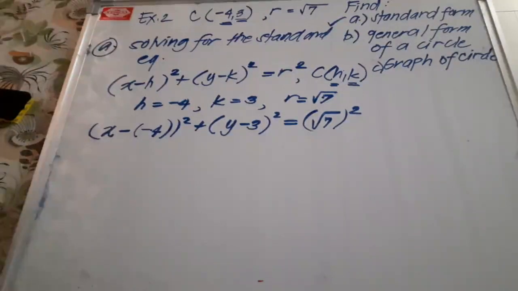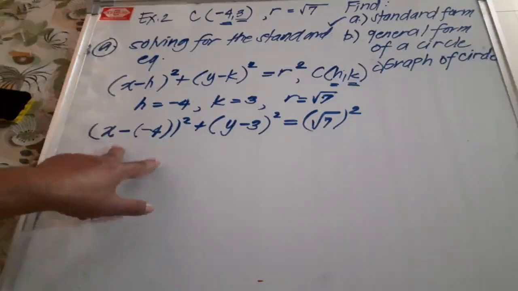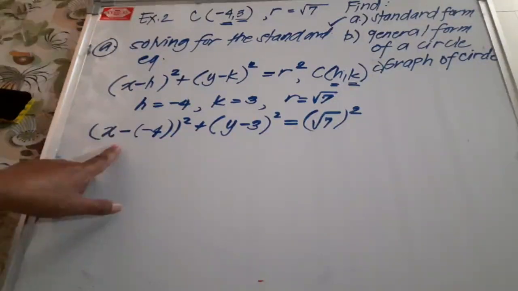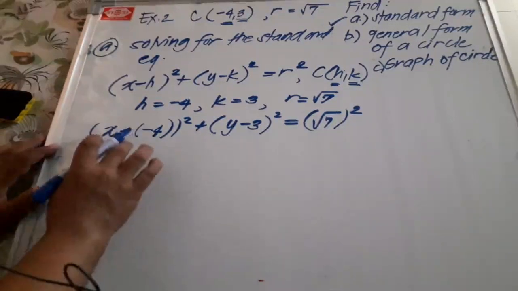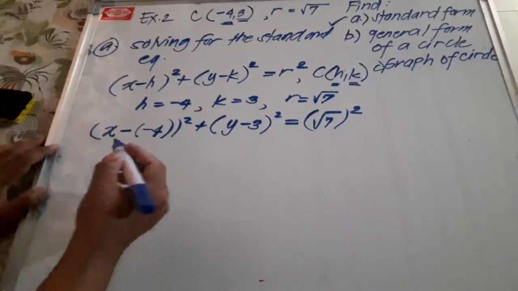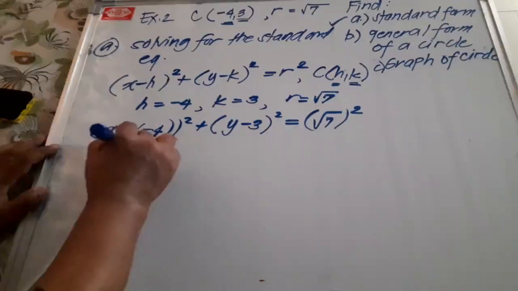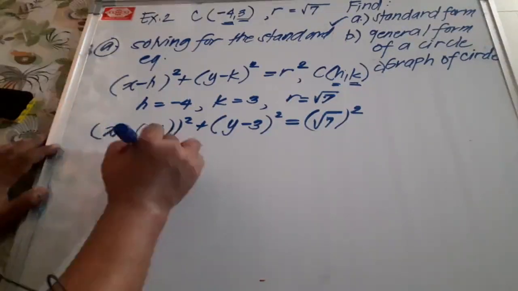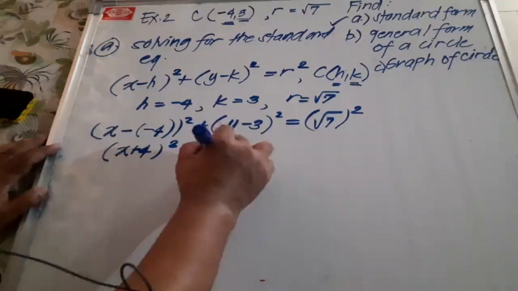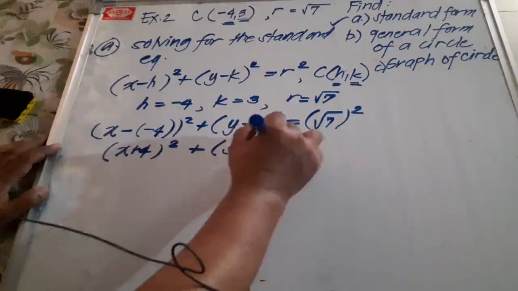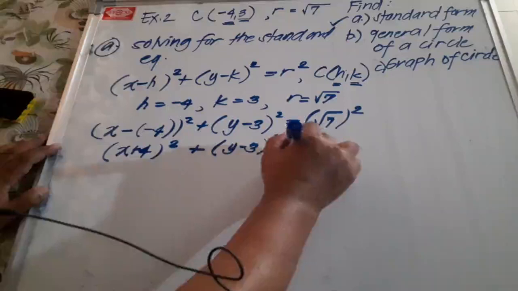And then we can simplify this binomial by removing the parentheses of negative 4. So negative of negative 4 will be x plus 4. So x plus 4 squared plus, this will be y minus 3 squared.